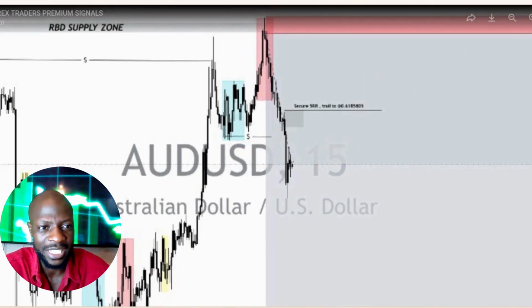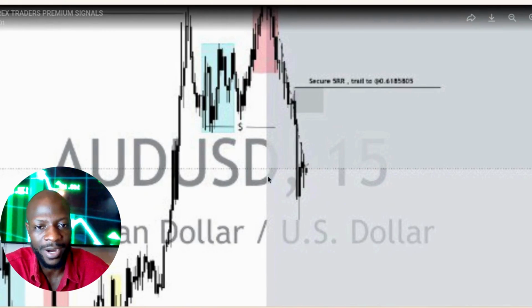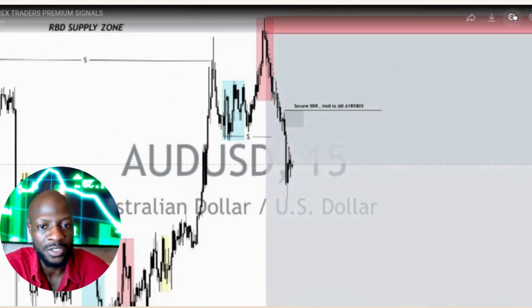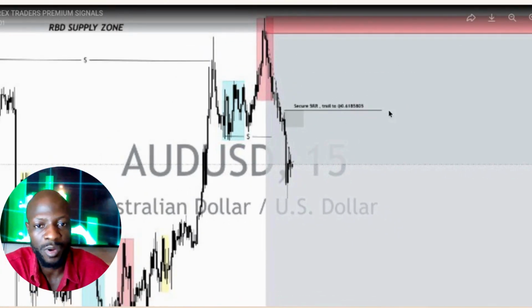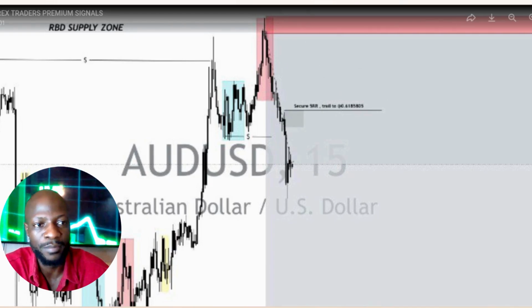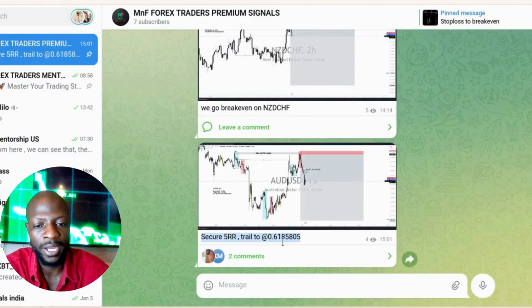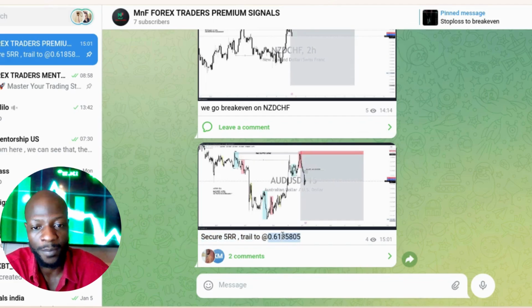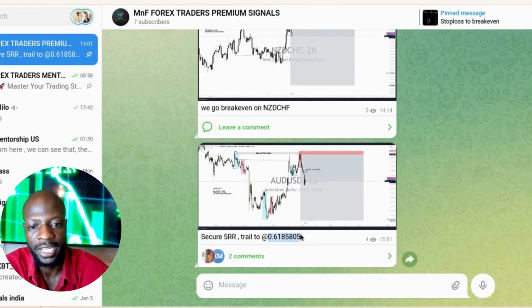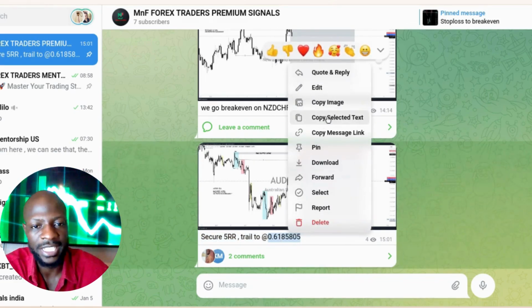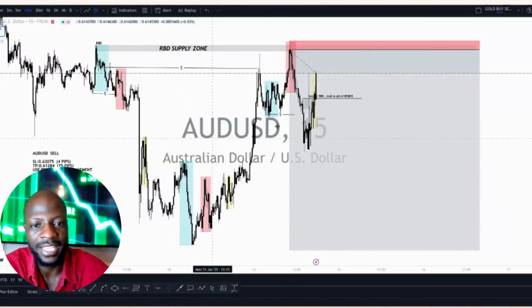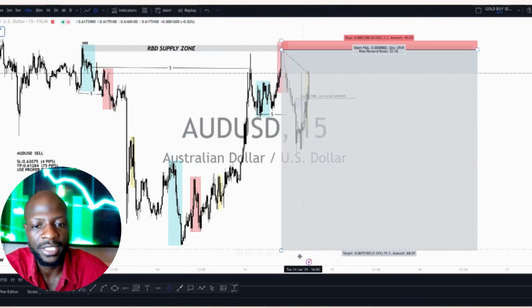So after noticing that sharp rejection right there, I was able to tell the community to trail their stop loss so that they can secure some profit as the market starts to go there. You can see that this is where I told them to trail their stop loss to this level right here. So if you check this area right here, let's just copy that. This is the same area right here, as you can see from here.